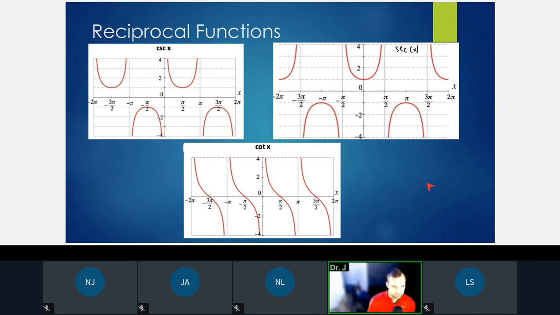Looking at all 6 trig functions, which ones are considered odd symmetry? No hint.